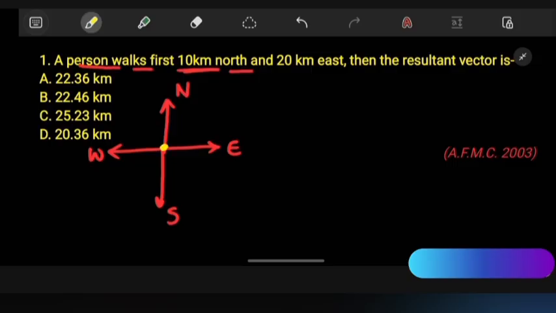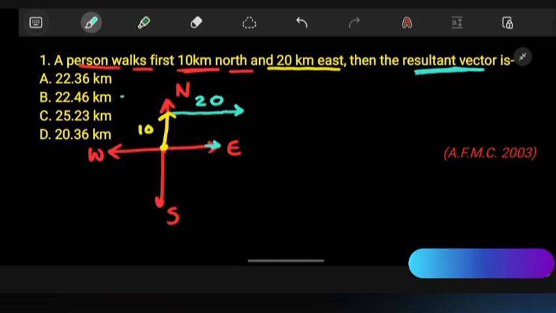So 10 kilometers north, in the north direction 10 kilometers, and then 20 kilometers east. So what will be the resultant vector?